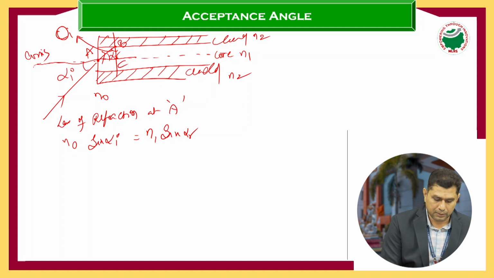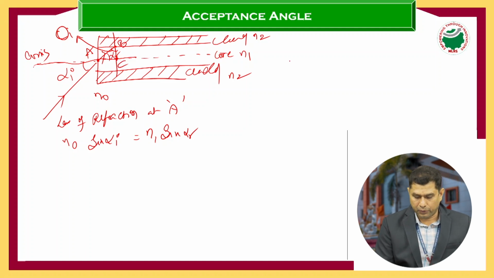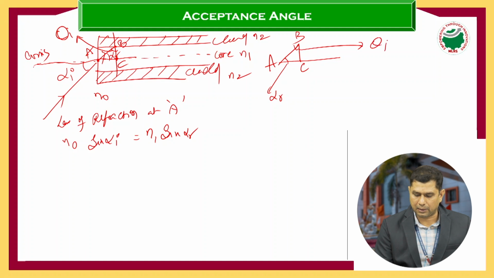Here I will mark this point as C. You can observe this point is A, this point is B, this point is C. Here this angle is alpha R, this angle is theta I, and this angle is 90 degrees.